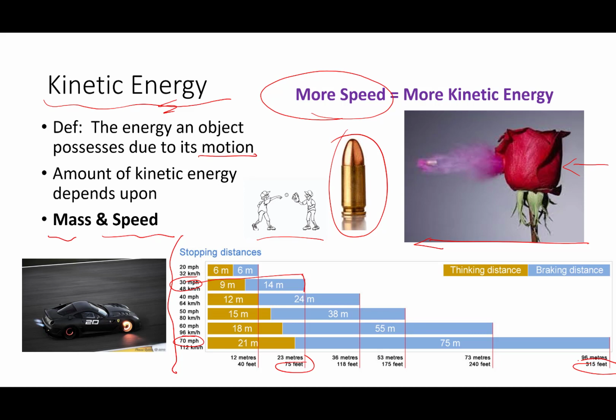Why is that? Your car brakes have to take that energy and change it from an energy of motion into an energy of heat. It has to transform one form of energy into another. And there's a lot more energy at 70 than at 30.